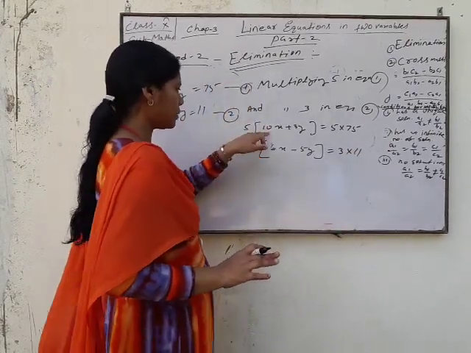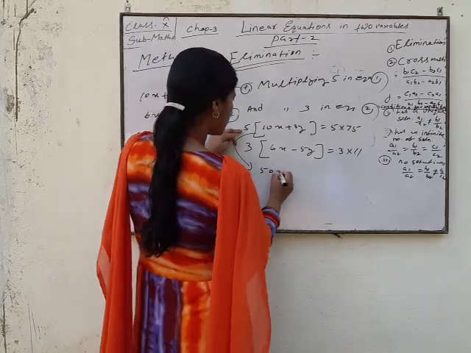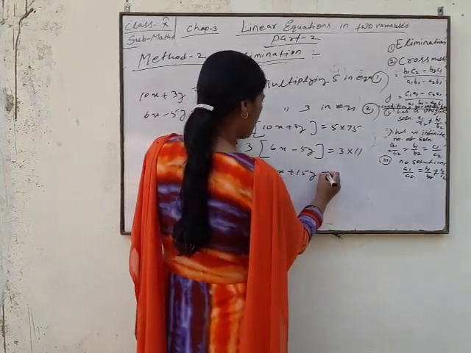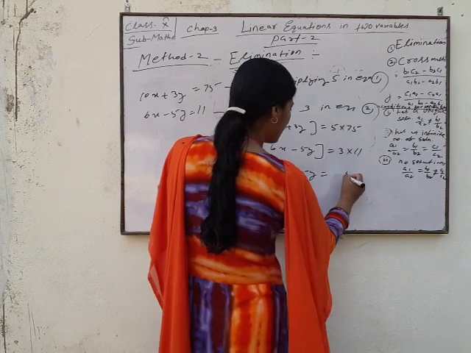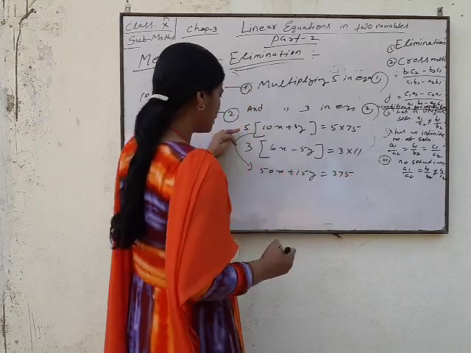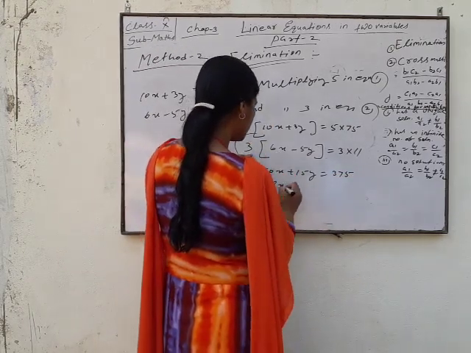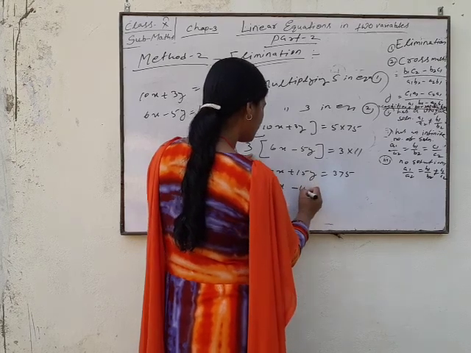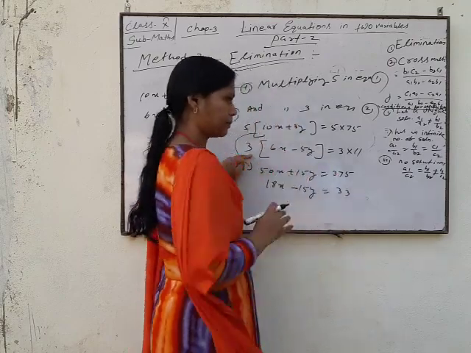Okay, now to multiply. Here 50x plus 15y, 5 into 75, that is 375. And the second equation, 3 into 6 is 18x minus 3 into 5, 15y, and this is 33.